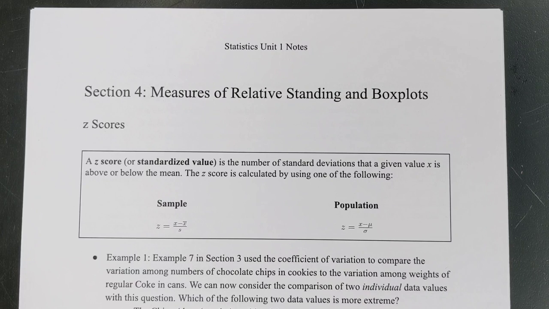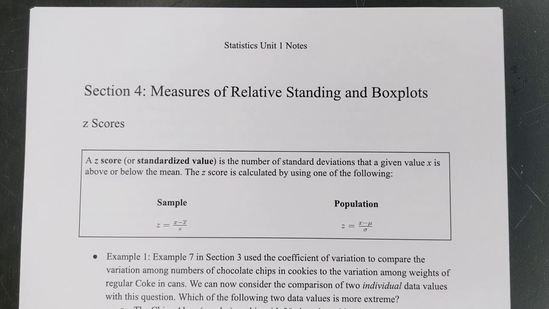Or the can of Coke that has a weight of 0.8295 pounds, with its mean weight and standard deviation given. Both of these data values are the largest values in their sets, but which one is the most extreme? Which one is more unusual than the other?